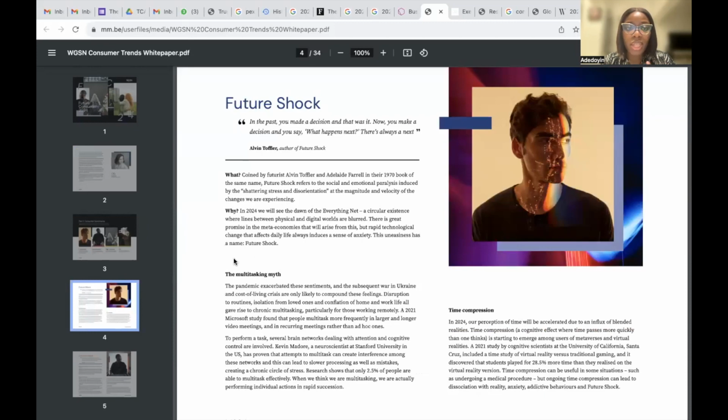And then they begin to break it down. So they'll tell you what it is, and they'll tell you why it is important. So in 2024, we'll see the dawn of everything net. There's a great promise in meta-commerce. Rapid technology affects our everyday life, uneasiness, future shock, so everybody's now really digitally involved.